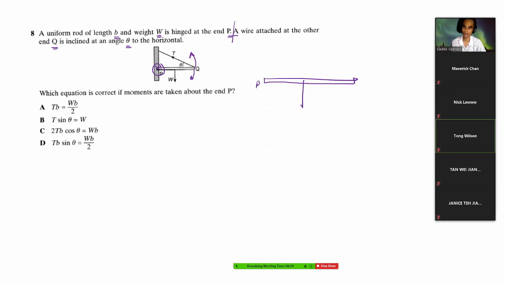Over here, this is P. There will be two forces, this is W and this is T. This is theta. The tension that is vertically going upwards is T what? T sin theta or T cos theta?